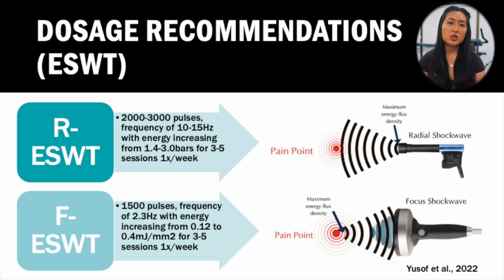There was a study done by Yusuf and colleagues that concluded that there wasn't a significant difference between radial and focused shockwaves in their efficacy in treating pathologies, even though focused shockwaves would be able to penetrate into deeper tissues than radial shockwaves can. Focused shockwaves also tend to be more painful as they are penetrating into deeper tissues. With the dosage recommendations with radial shockwave, it is about 2,000 to 3,000 pulses with a frequency of 10 to 15 Hz, with energy increasing from 1.4 to 3 bars for 3 sessions once a week.